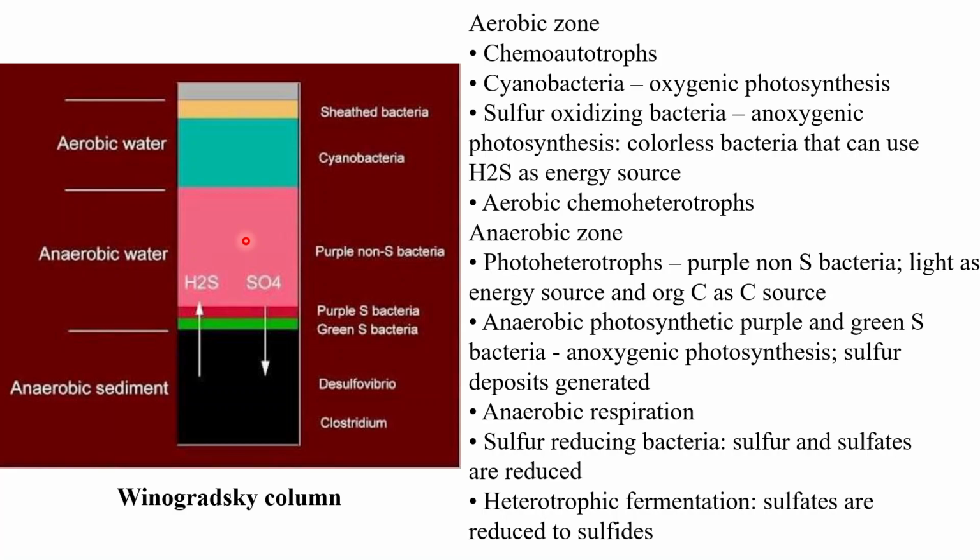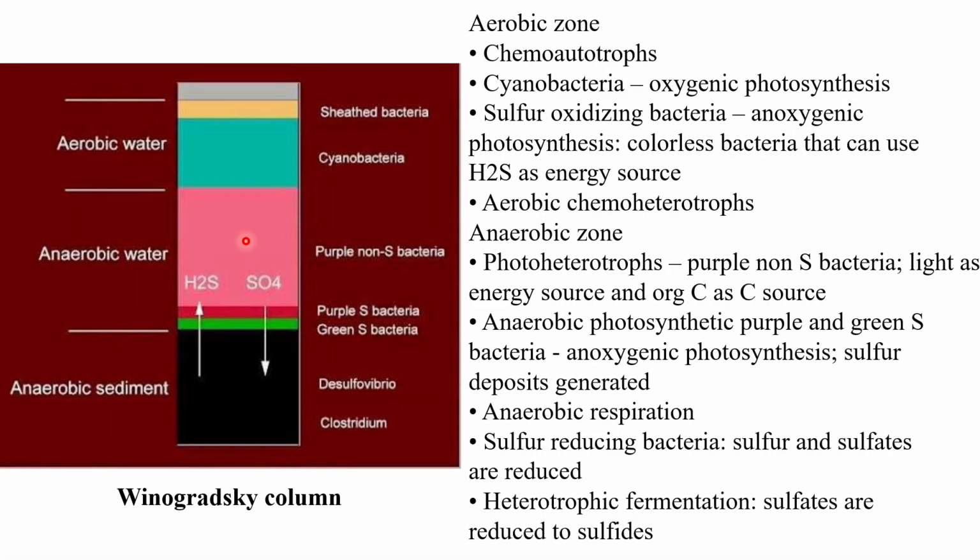This is a very nice experiment that was designed by Winogradsky to mimic a natural ecosystem and to understand how different bacteria are metabolizing different nutrients, and how one bacteria can actually support the nutrient requirements of another bacteria. So let's see what the different types of bacteria present in these zones are.